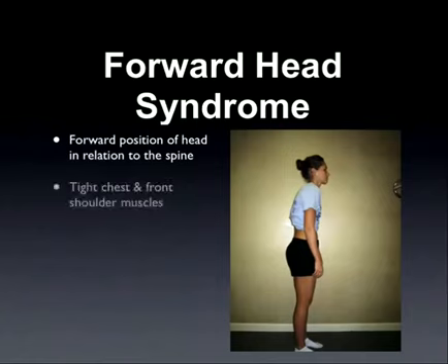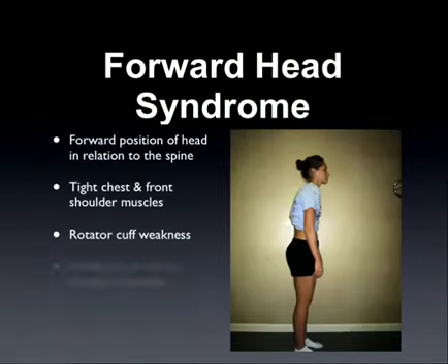First, we begin to see tightness develop in the muscles of the chest and front of the shoulders, causing the shoulders to rotate forward. As a result, the rotator cuff becomes weak, and the rotator cuff is the group of 4 muscles that surround the shoulder and provide the main function of the shoulder.